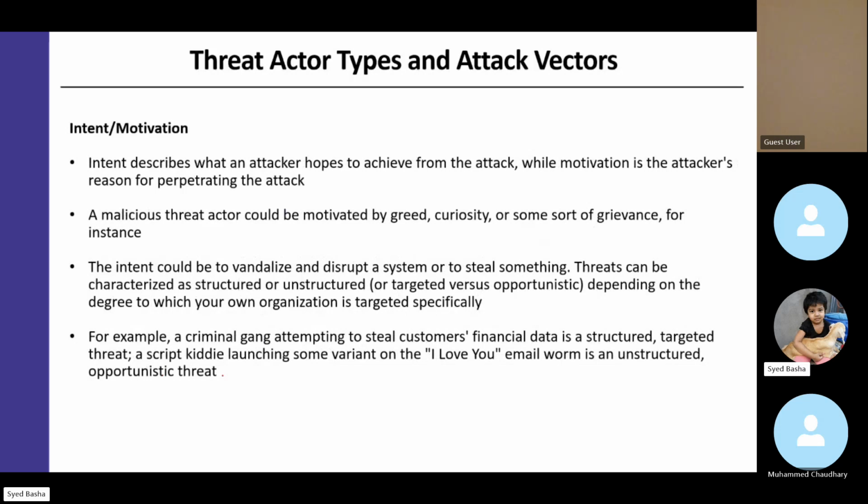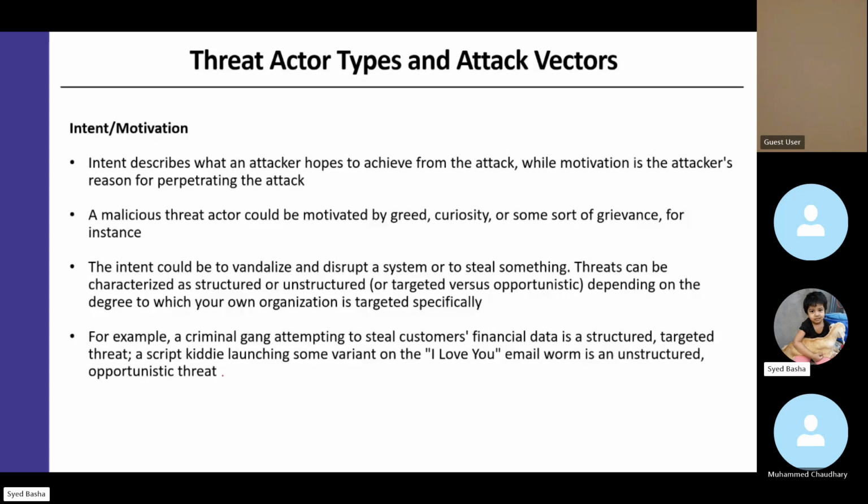In some cases, the malicious actor, I mean the attacker, could be motivated by greed, or is very curious to know what is in the network, or in some cases some sort of grievance. These are all different intents and different motivations.